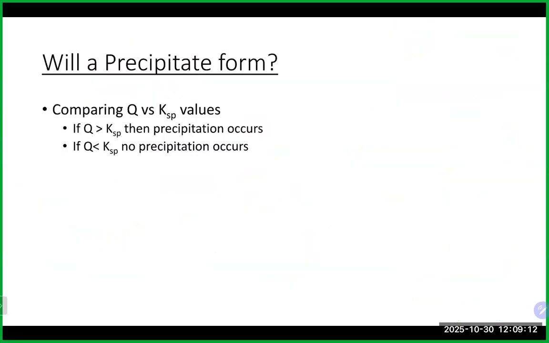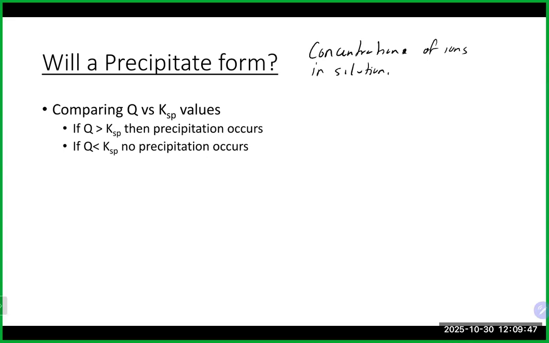All right. The third major impact on solubility is concentration, the concentration of the ions floating around in that solution. The concentration of ions in solution plays a really big effect as to whether or not you will see a precipitate form, even if it's supposed to.